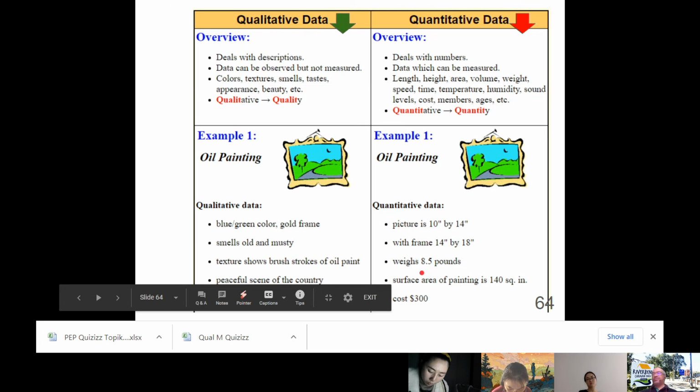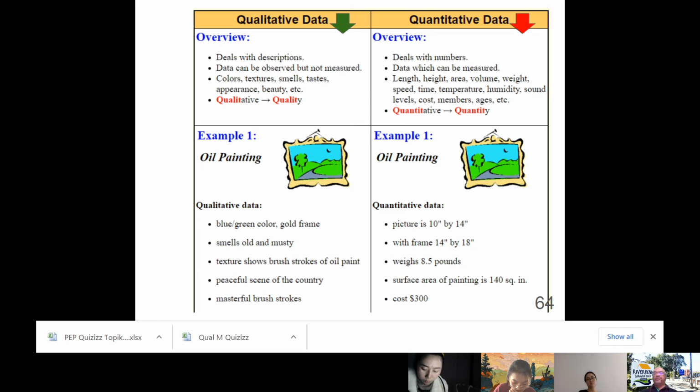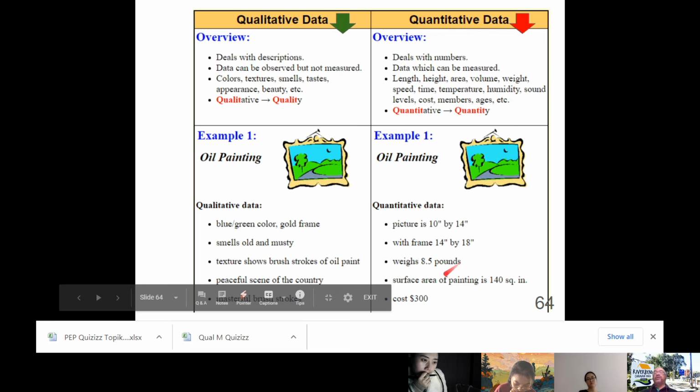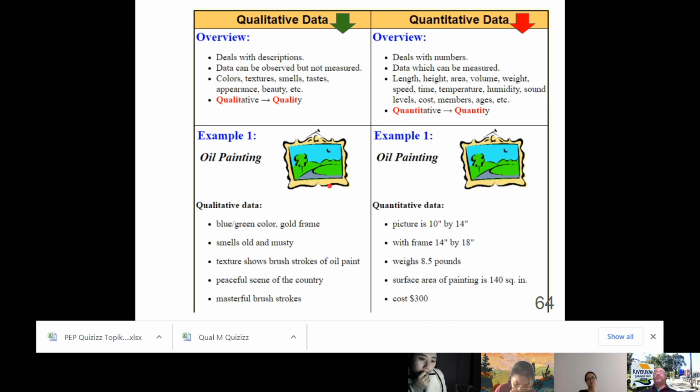Okay, this is the British unit, now used in America. Europeans now use the metric system, kilograms. Then the surface area and also the cost is $300. All of these are quantitative data.